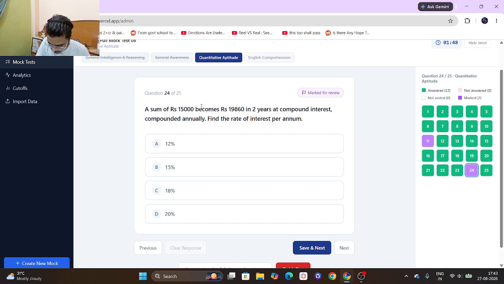So 1986 upon 1500 is equal to 1 plus R by 100 whole square, which is 19.86 divided by 15, 1.324. Then take the square root.